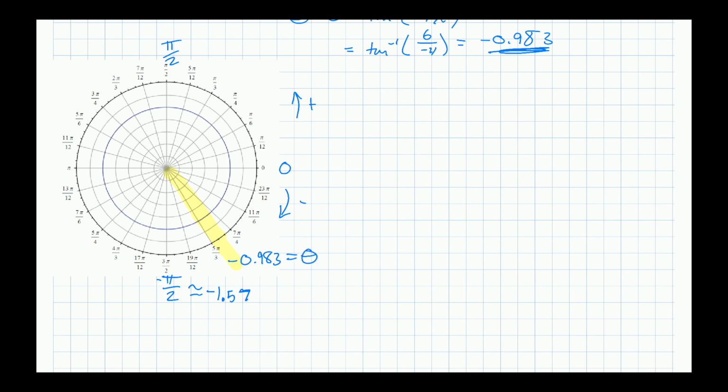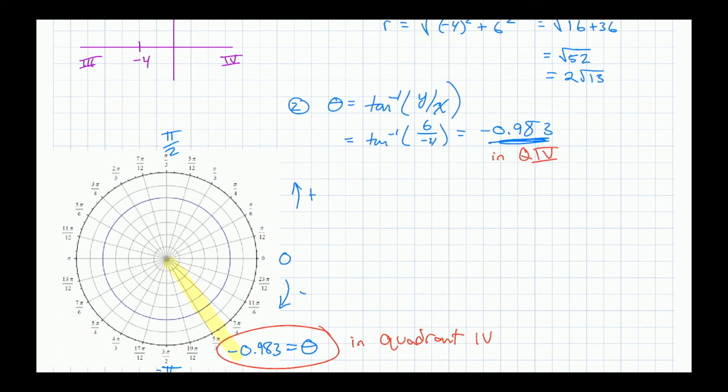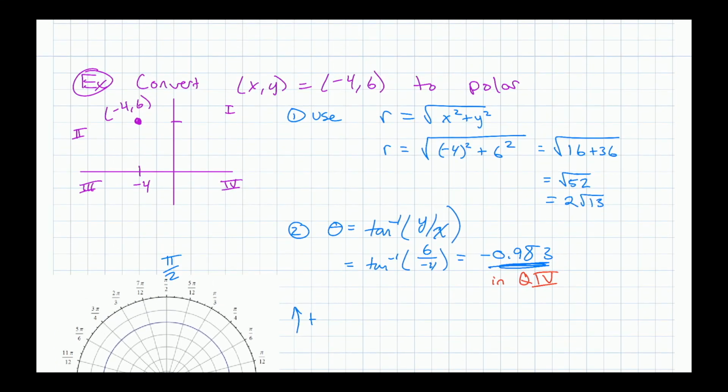But that's in quadrant 4, right? This is in quadrant 4. Well, that can't be the right angle, because what we actually want is in quadrant 2.